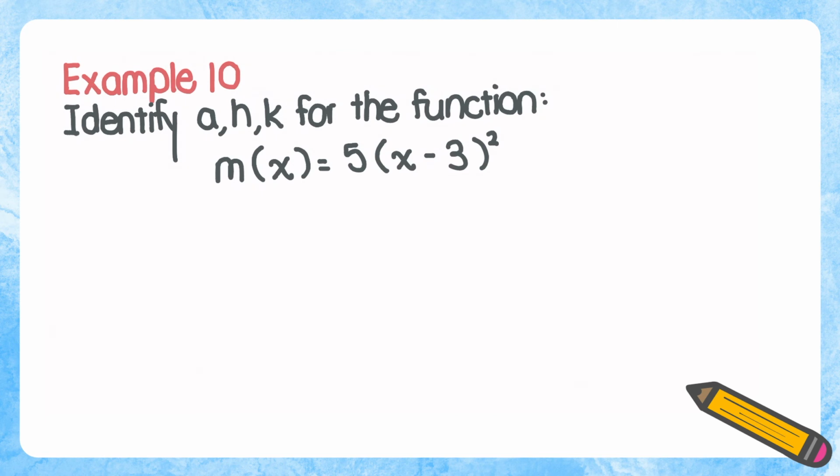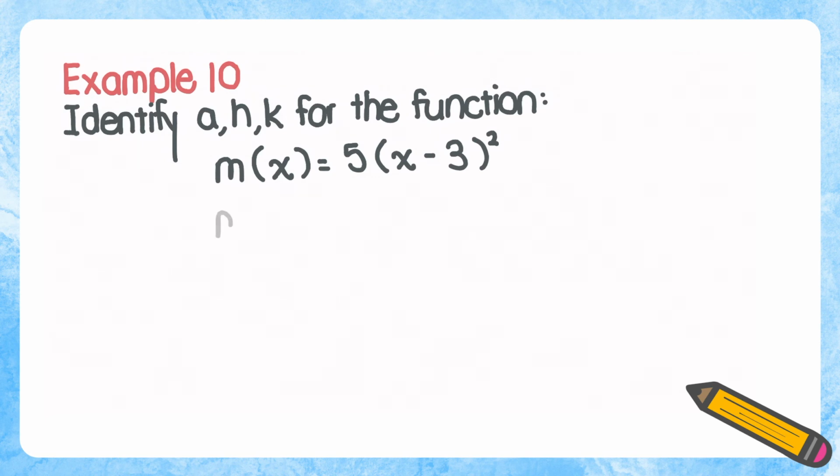Next, let's identify a, h, and k for this function. M of x equals 5 times (x minus 3) quantity squared. What are we missing here?